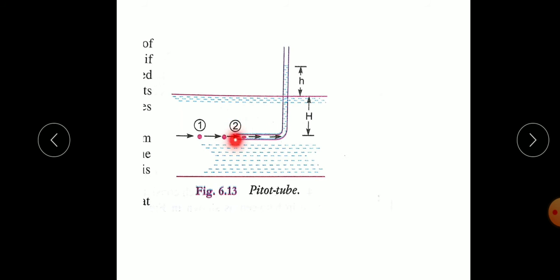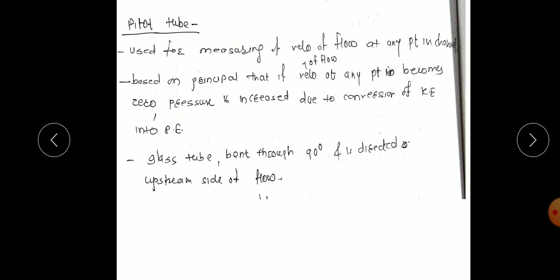So at point 2 it causes restriction to the flow. At point 2 we can assume the velocity becomes zero. So the principle is that if the velocity of a flow at any point becomes zero, pressure is increased due to conversion of kinetic energy into potential energy.